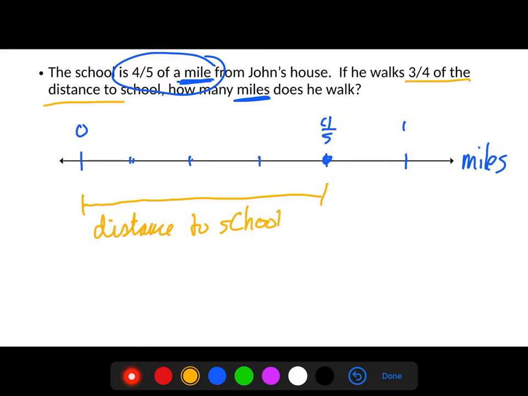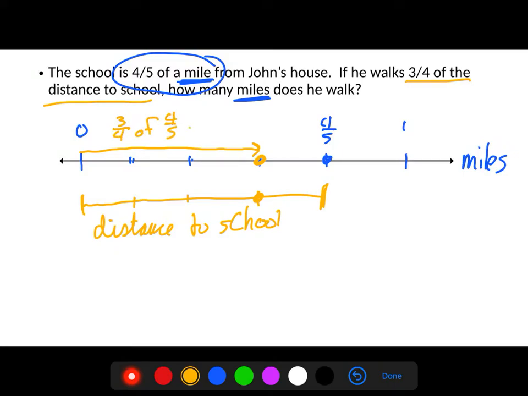So when I talk about 3/4 of the distance to school, I'm taking this yellow line and breaking it into 4 equal parts and selecting 3 of them. That's 3/4 of the distance. I can translate it up here to get the answer to my problem. And what we have here is we had 1 mile, 4/5 of a mile, and this represents 3/4 of 4/5.